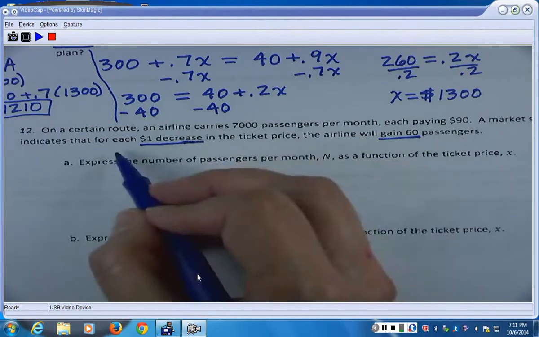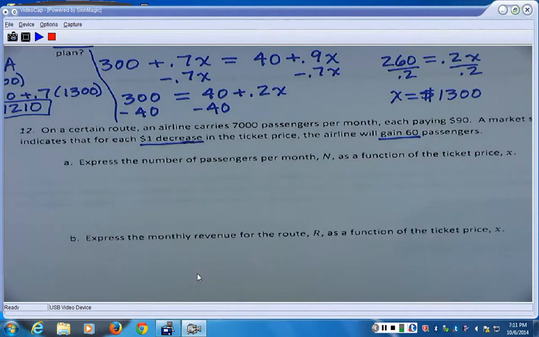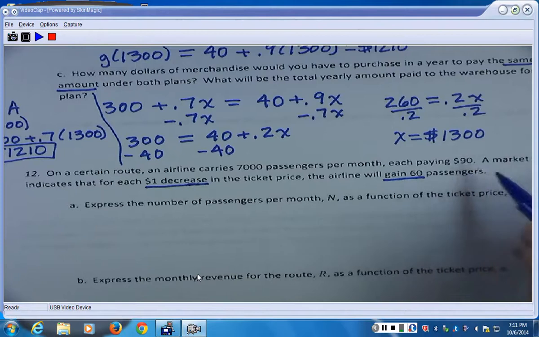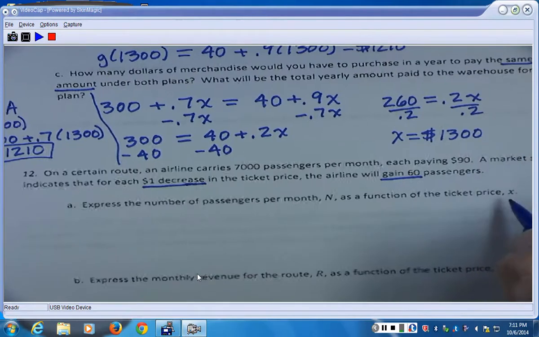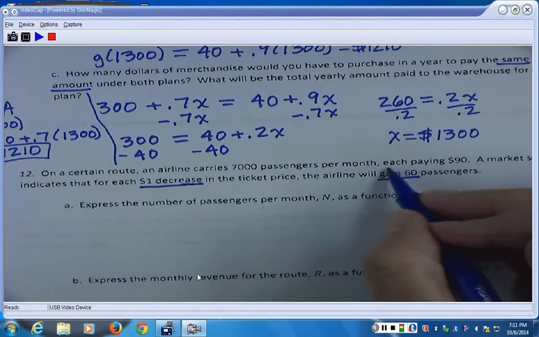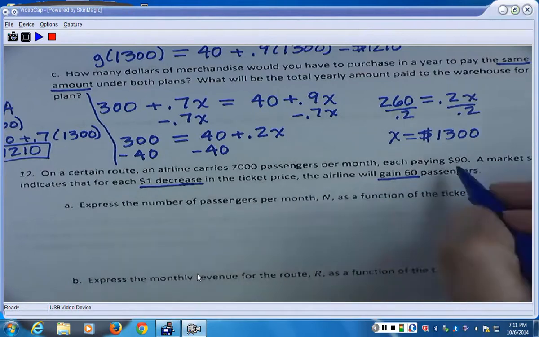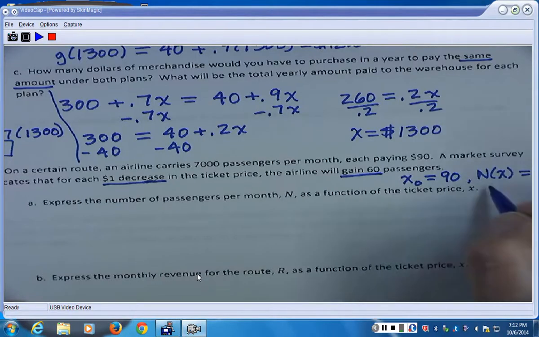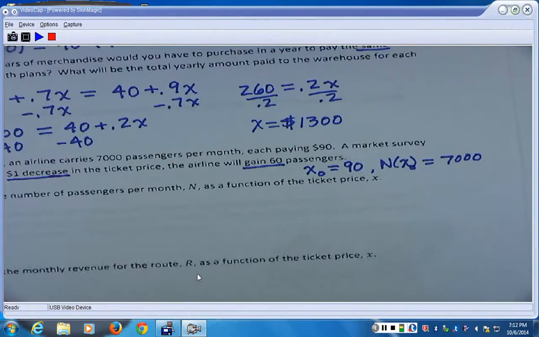For each $1 decrease in the ticket price, the airline will gain 60 passengers. Right now the ticket price is X. So when we start out with X naught equal to 90, we have N of X naught equal to 7,000.